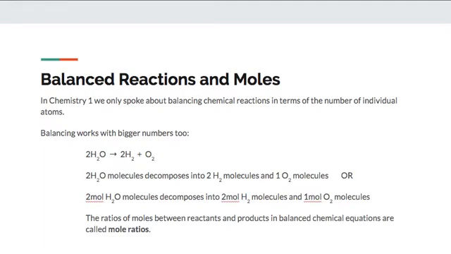Therefore, I'm going to have a 1 for the oxygen. You'd be correct. And therefore, the mole ratio for water to O2 in this reaction is 2 moles H2O to 1 mole O2. Do not overthink this. It is very easy to overthink this and try to get fancy. The numbers for the mole ratios come directly from the balanced chemical reactions.